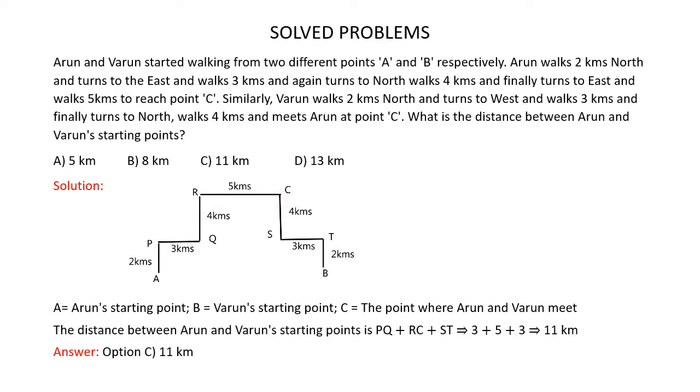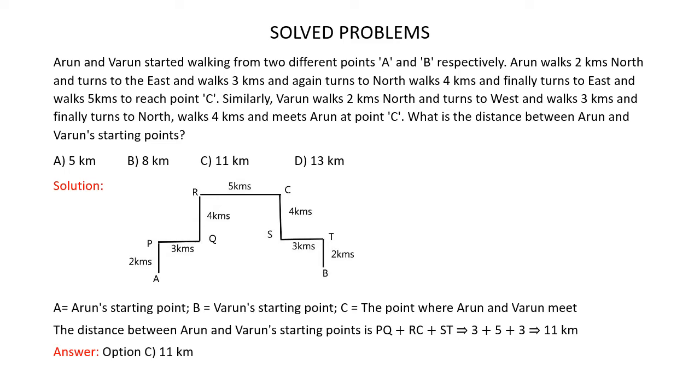Now we are asked to find the distance between Arun and Varun's starting point. So we know that A is Arun's starting point and B is Varun's starting point. So we have to find the distance between these two starting points, that is, the distance between A and B.